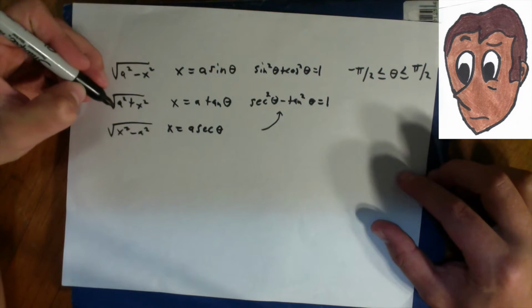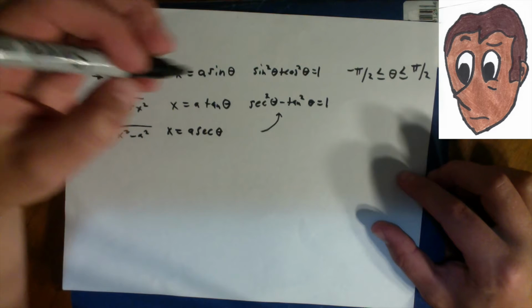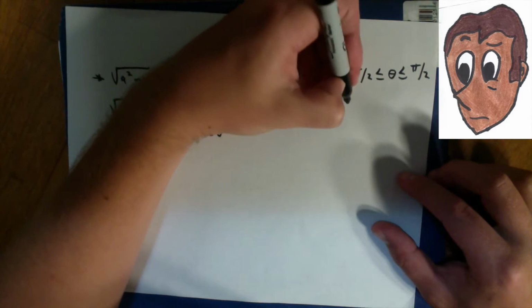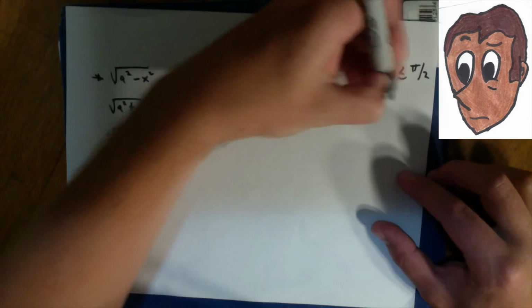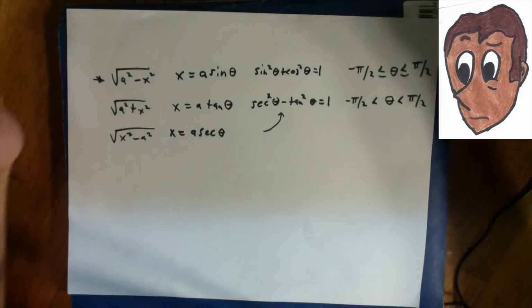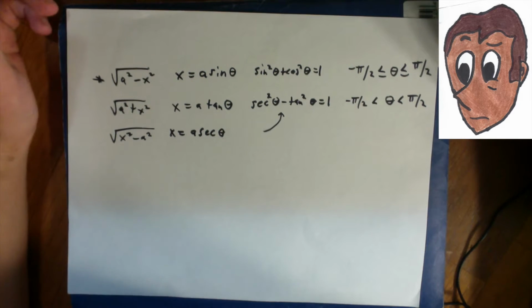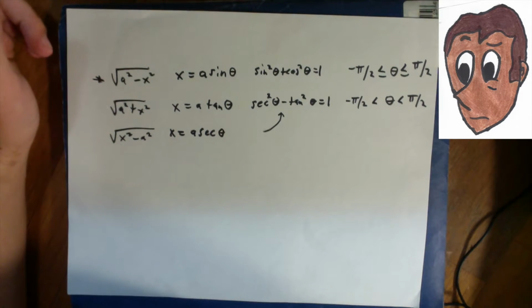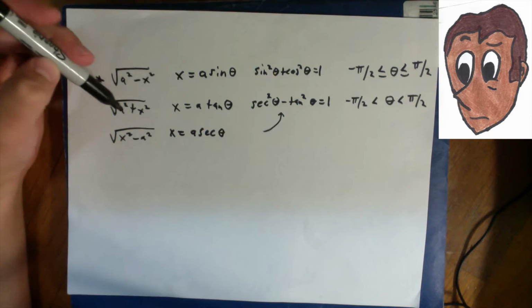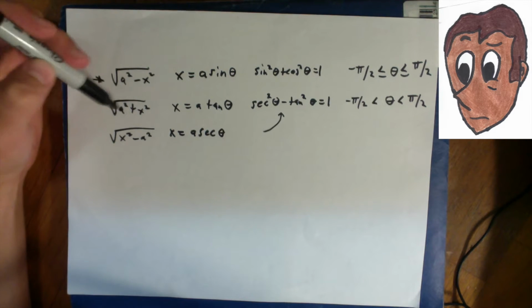For the square root of a squared plus x squared, you want to stay between negative pi over 2 and pi over 2, but you cannot equal either of those values either. And that's because in this case you can kind of have any number that you want underneath the square root.